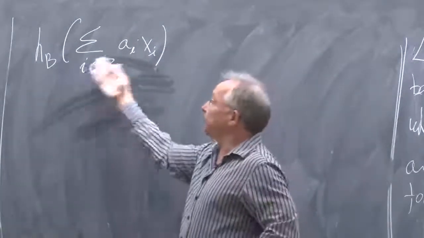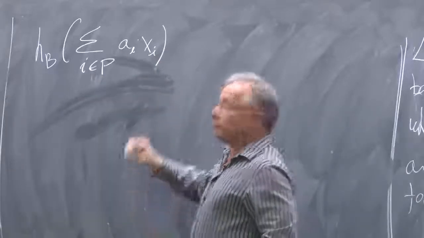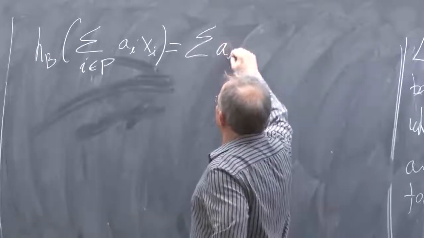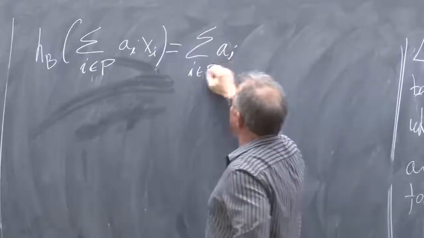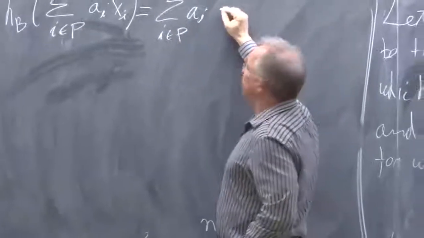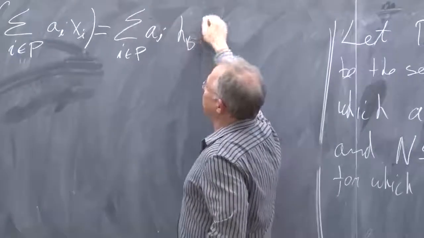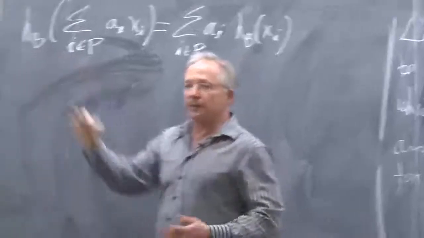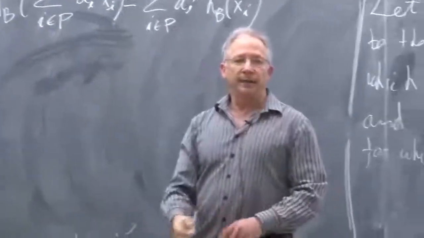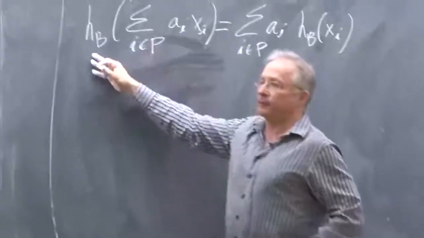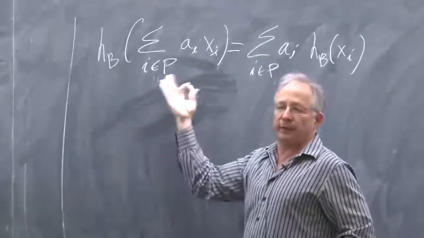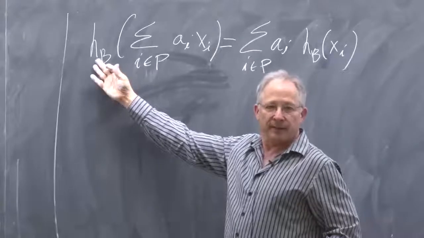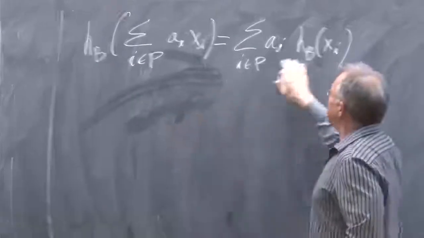And I can apply HB to this new vector. So what do I get because of linearity? It is the sum over i in P of ai times HB applied to xi. I'm writing HB of this instead of writing the dot product, but I could also write it with the dot product. HB has coefficients, w's, and it's a dot product. So I have this property.